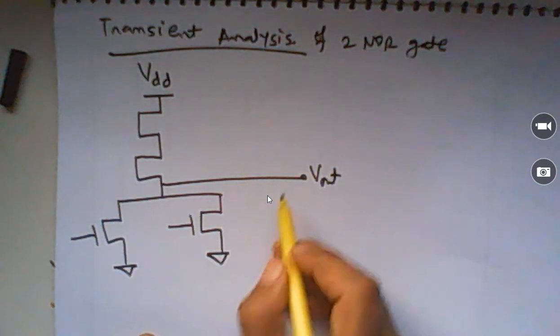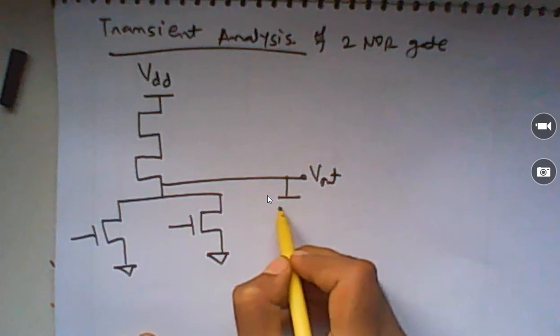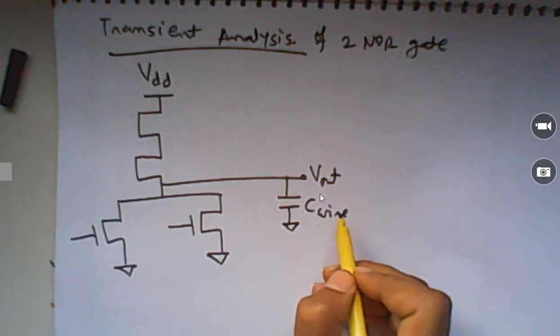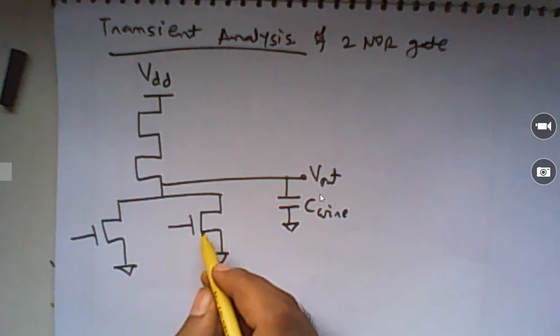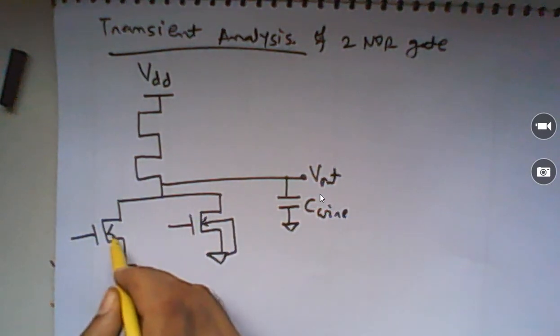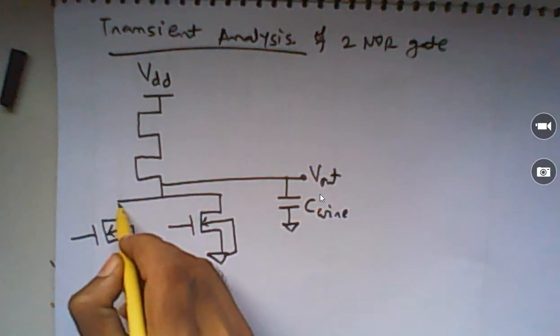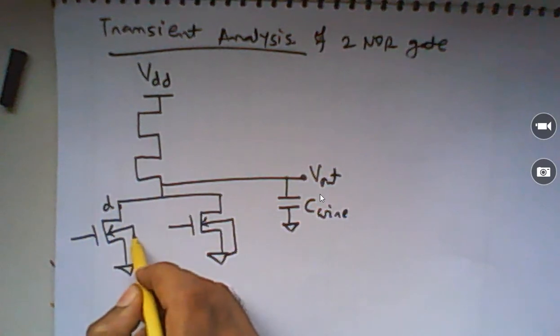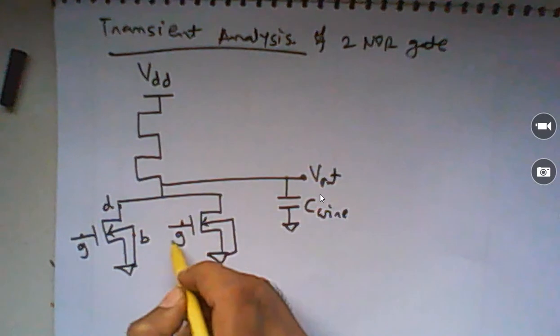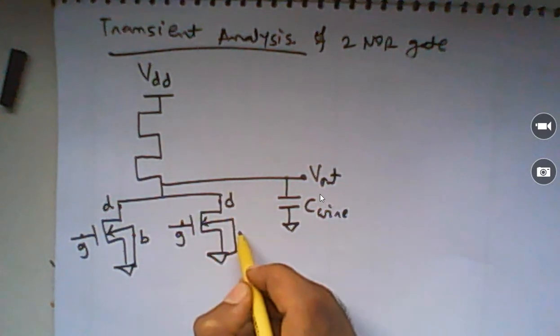The first capacitor is the wire capacitor. Another is at the MOSFETs where the bulk terminal is grounded. Here we have the drain, bulk and gate terminals.